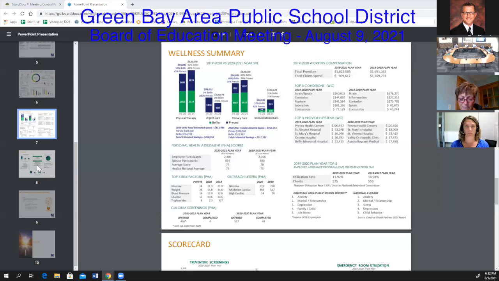The national average is at 3.6, considerably lower than the district's utilization here. A lot of that is contributed to the fact that the EAP is embedded and incentivized into your medical plan, as we really want to encourage folks to use the EAP, work to get a treatment plan, and work to have their needs met. So we see a higher than national average utilization.